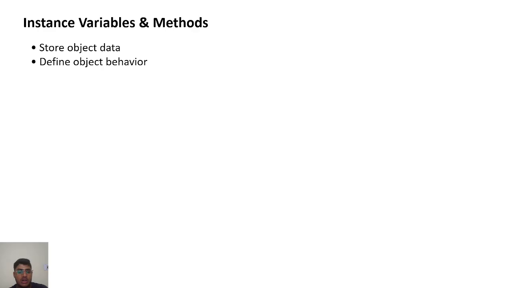Instance variables are variables that belong to an object. They store the data of that object. Each object has its own copy. Instance variables are usually created inside the __init__() constructor using the self keyword.